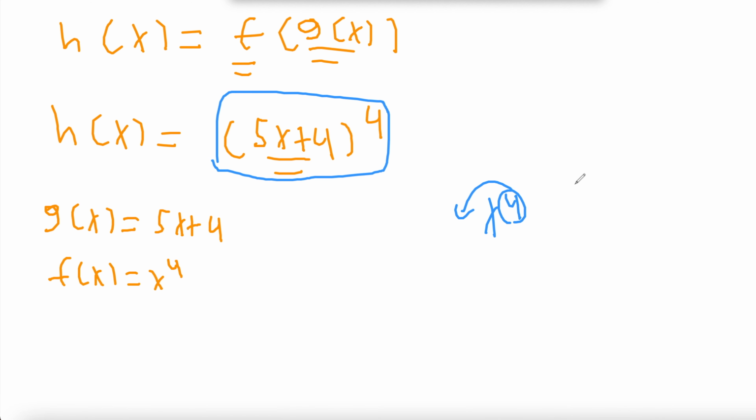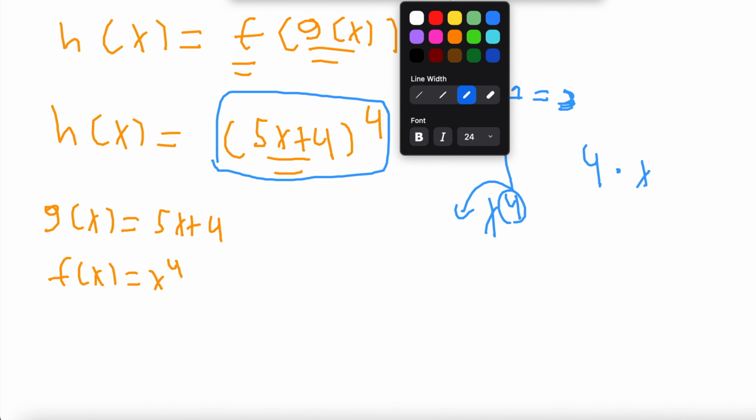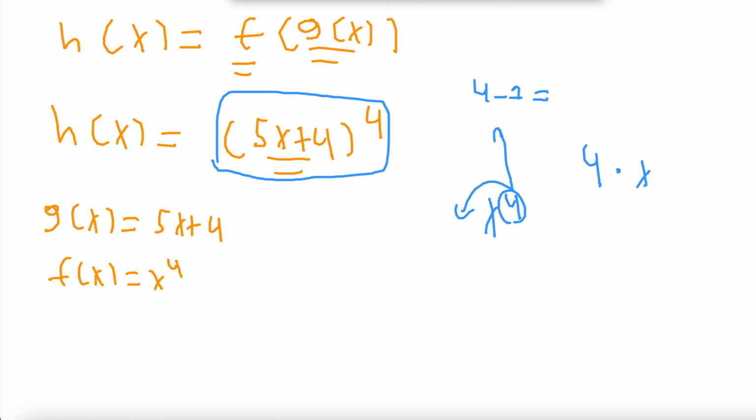So 4, bring that down as a coefficient, 4 times x, and then we take that 4, our exponent, subtract it by 1, and we get 3.